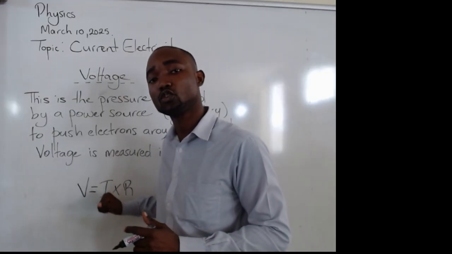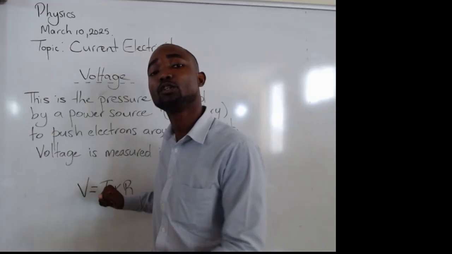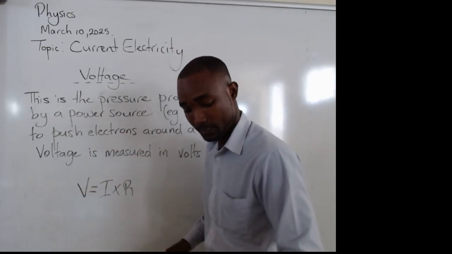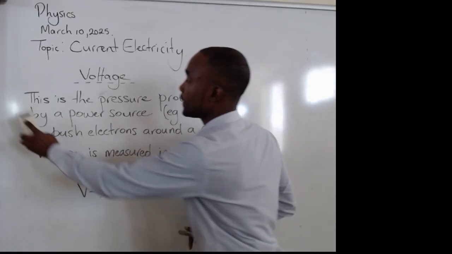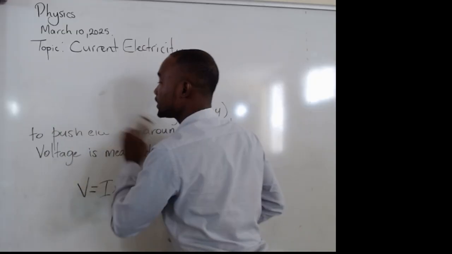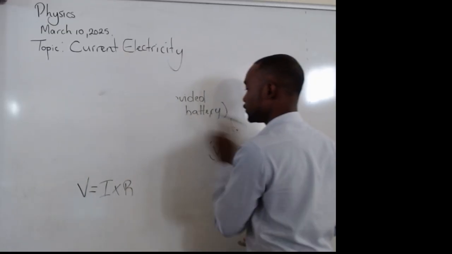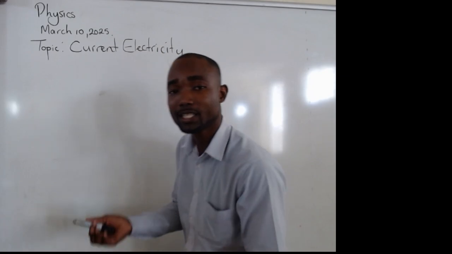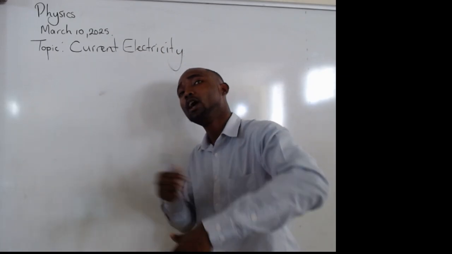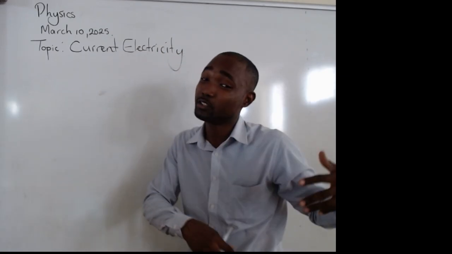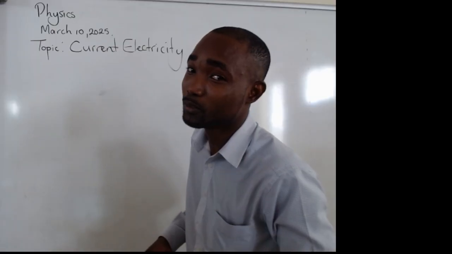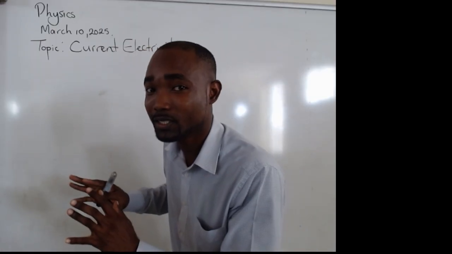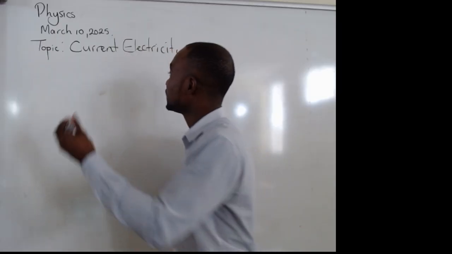If the resistance remains the same, if you increase the voltage, you get more current. Let's look at resistance, because we've been talking about voltage and how the voltage needs to increase as resistance increases if we want the current to remain the same, or if we want more current, we keep the resistance at a certain level.